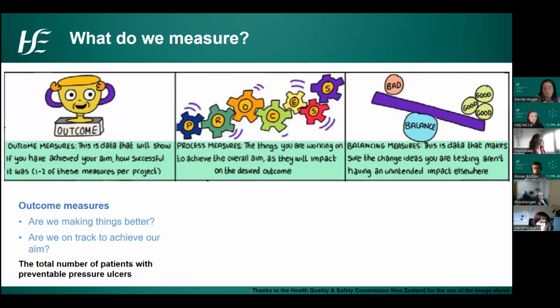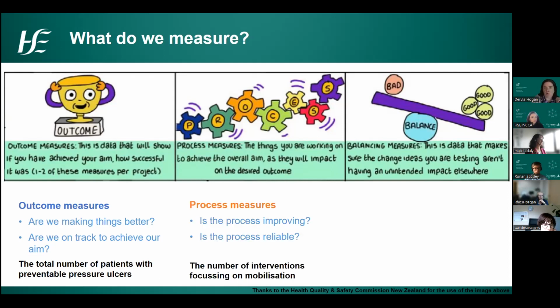Outcome measures look at your overall result. They articulate the picture of success. So you want to look at, are we making things better? Are we on track to achieve our aim? Process measures look at the different components of the system that affect the outcome. So is the process improving? Is the process reliable?